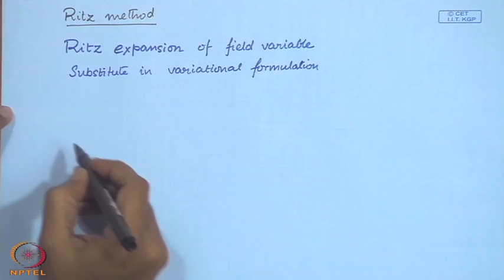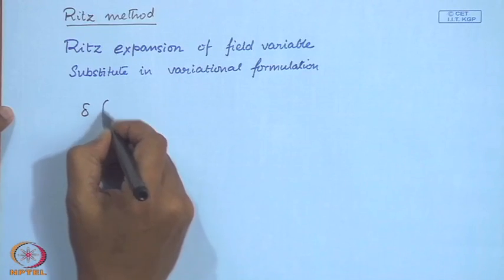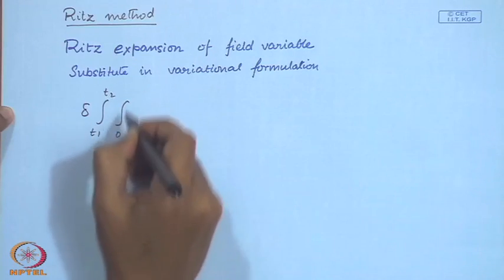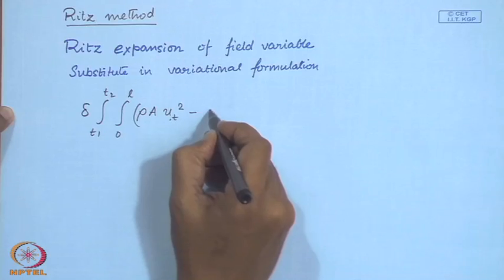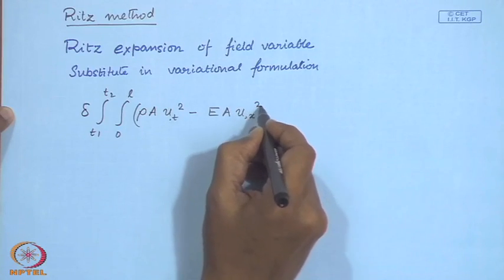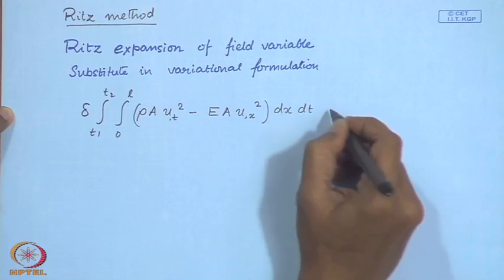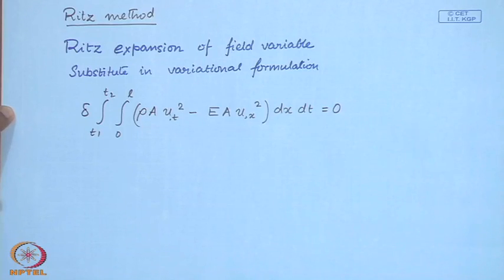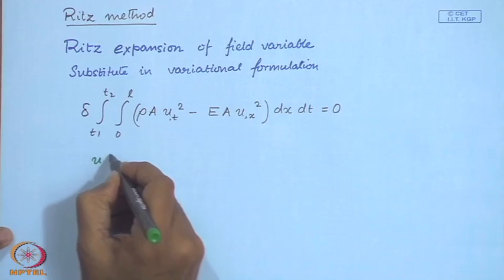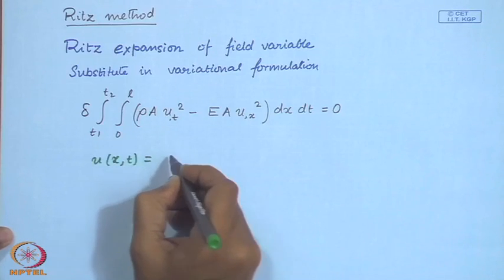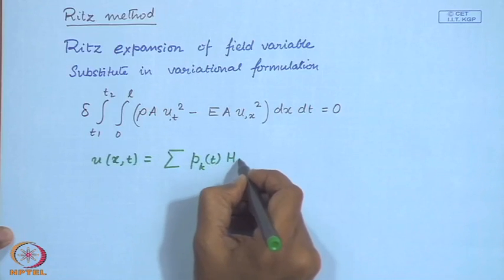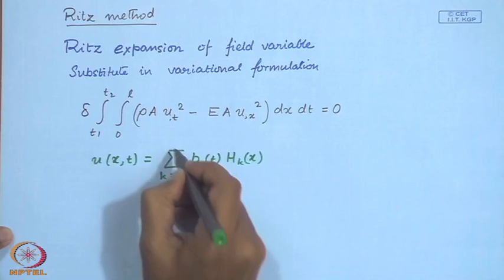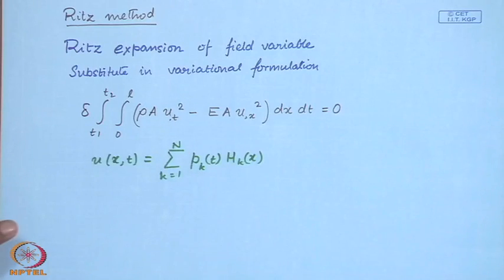So, let us see once again for the tapered bar, we know that the variational formulation for this tapered bar reads, now here we use this expansion again in terms of admissible functions.